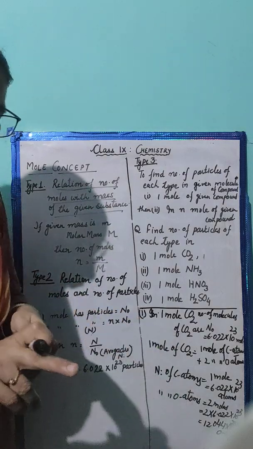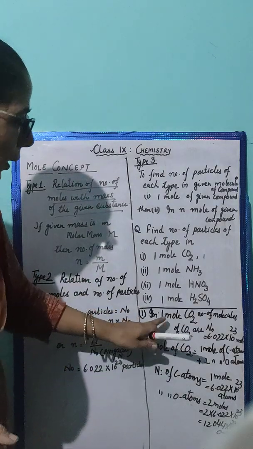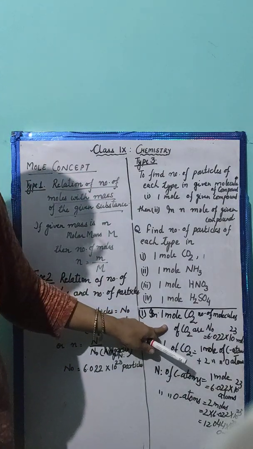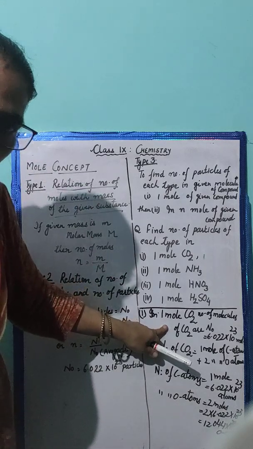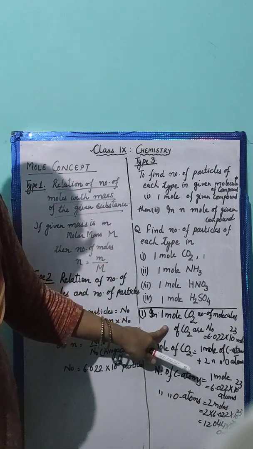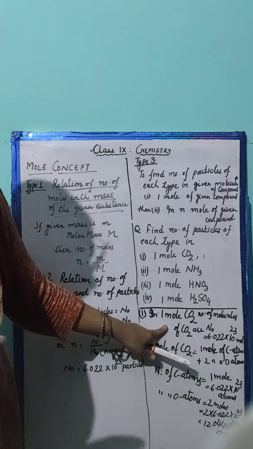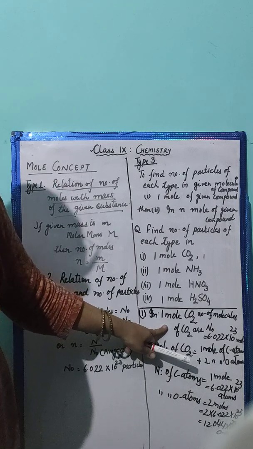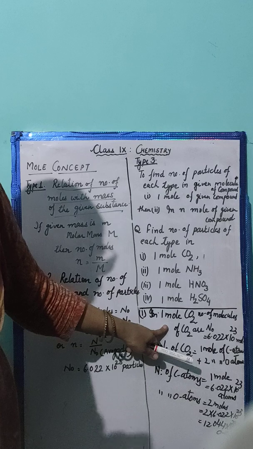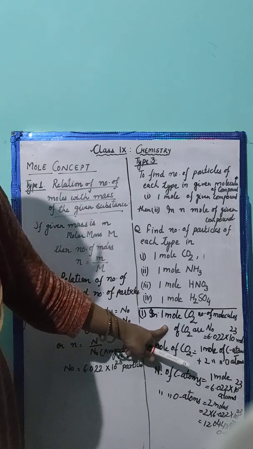In 1 mole CO2, look at this very carefully, the number of CO2 molecules is N naught. N naught means Avogadro number, which means 6.022 into 10 to the power 23.